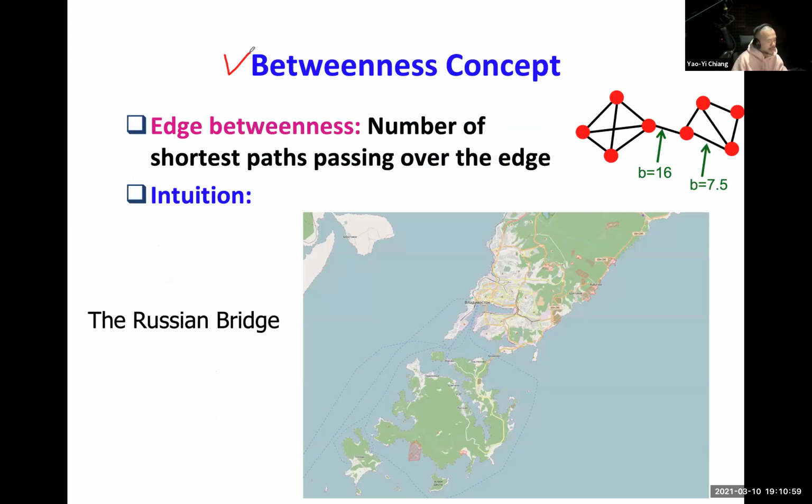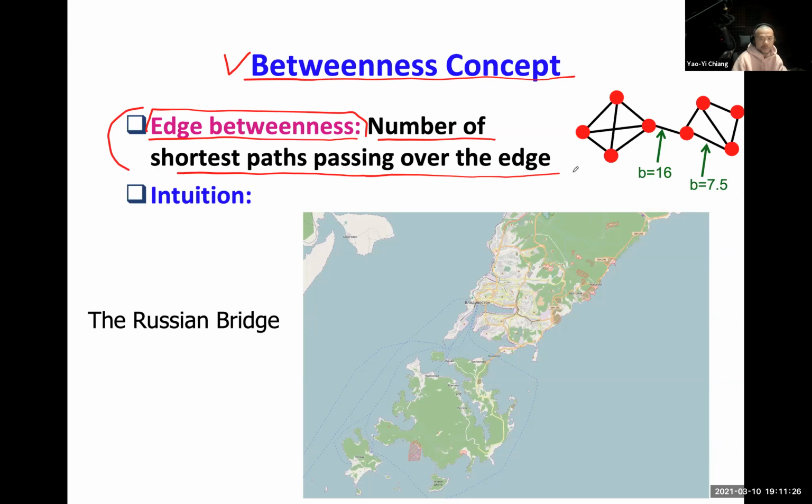This is your task 2 in your assignment 4. The betweenness concept is very simple. You calculate something called edge betweenness. This is a score for an edge. And the definition of this score is the number of shortest paths passing over the edge.